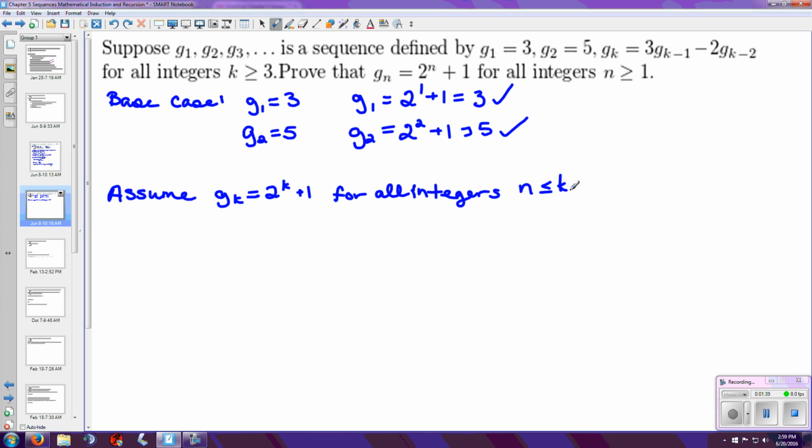Remember, we have to specify this because we are saying that this is going to work anywhere from the start of the sequence all the way up to the kth term. And then our goal is to show this is true for the k plus first term, so for when n equals k plus 1. So again, if we can verify this, then we're good to go from there.